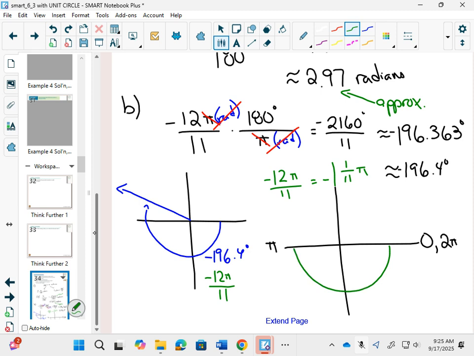And now you have to imagine this half of the circle divided into 11 different chunks and go 1/11th more. That's how we think in radians. We think in fractions of pi.